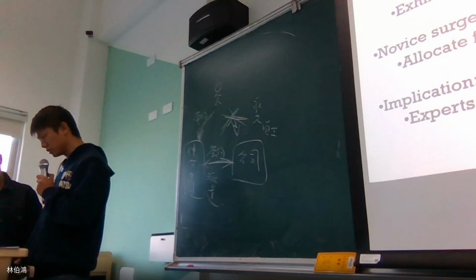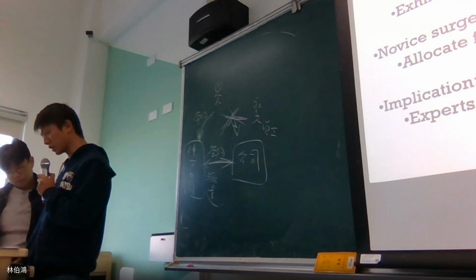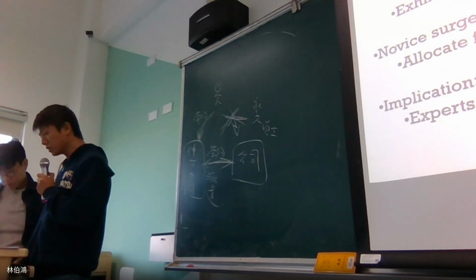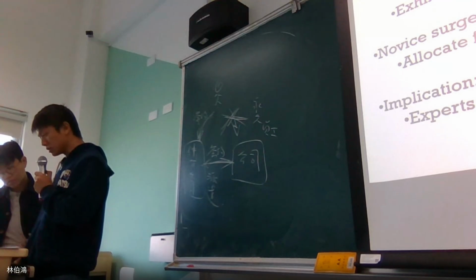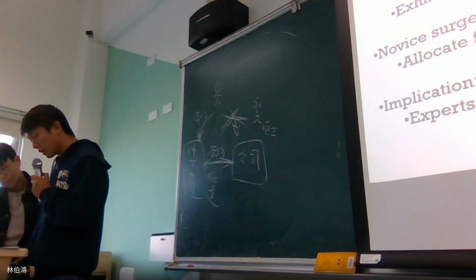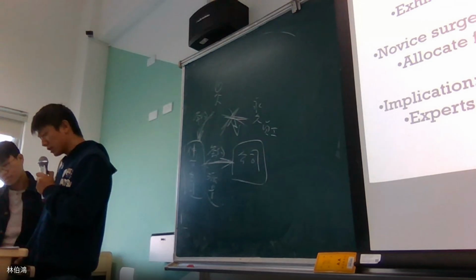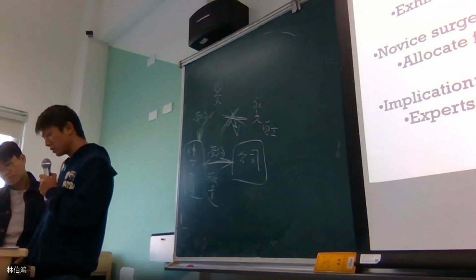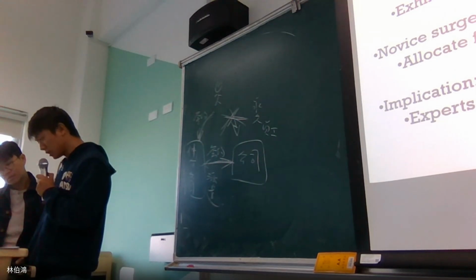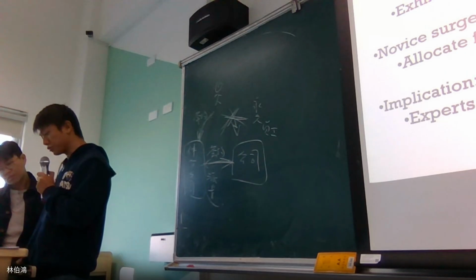Expert surgeons make fewer mistakes, finish tasks faster, and keep their gaze longer on the targets. Novice surgeons spread their gaze between the targets and the tools. This shows that experts' gaze is more efficient.